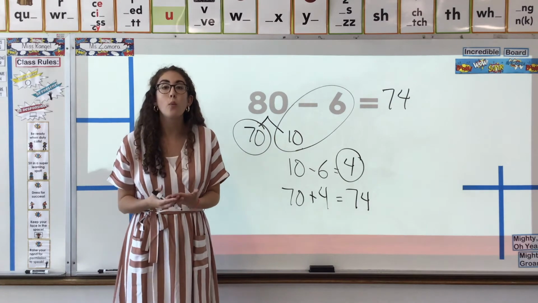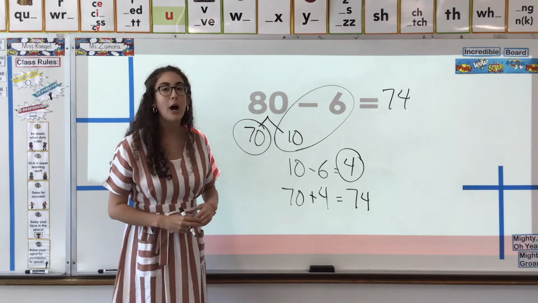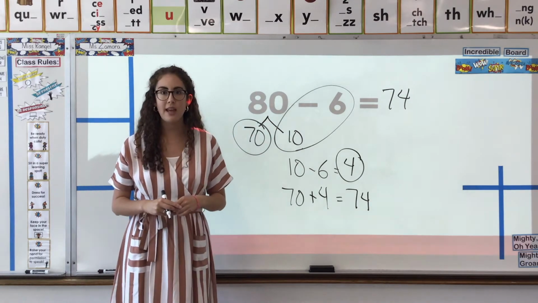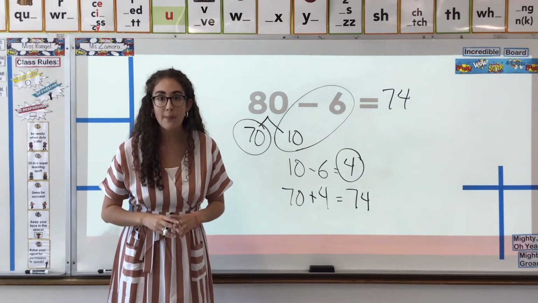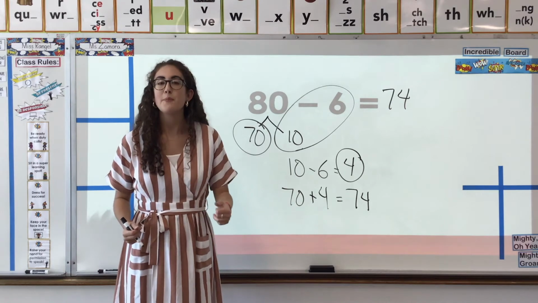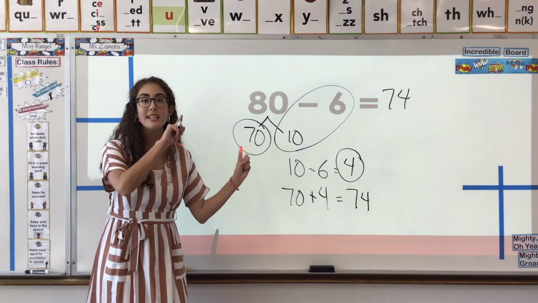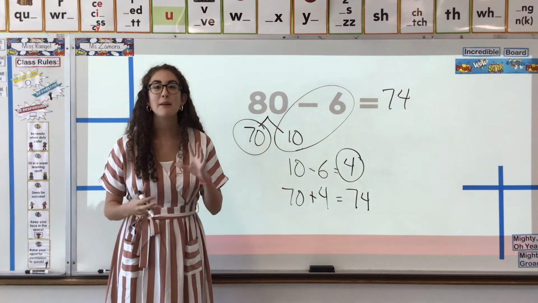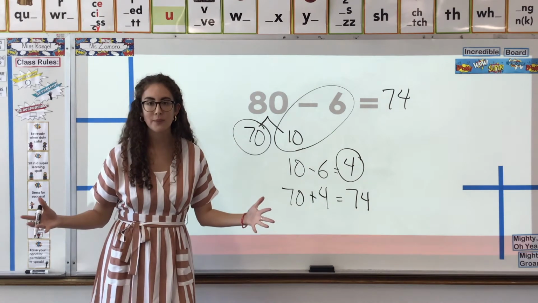This is just one way we can break apart this fact to find the answer. The awesome thing about math is that there's so many ways to solve one problem. But today, we are working on this mental math strategy and practicing it to master.